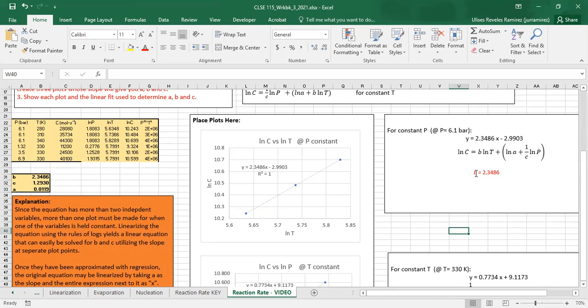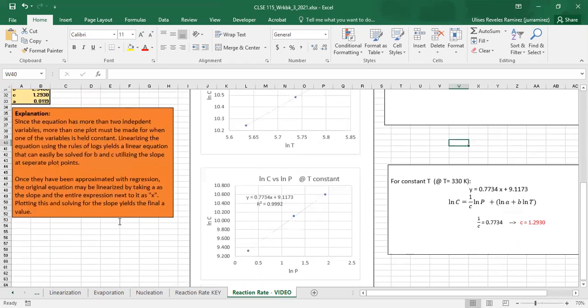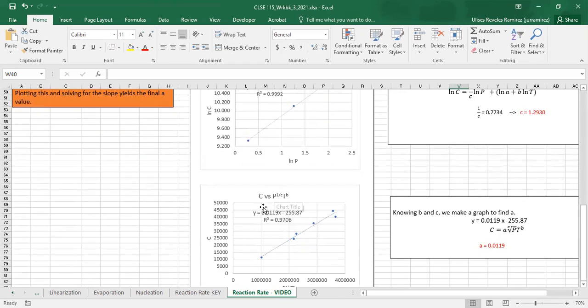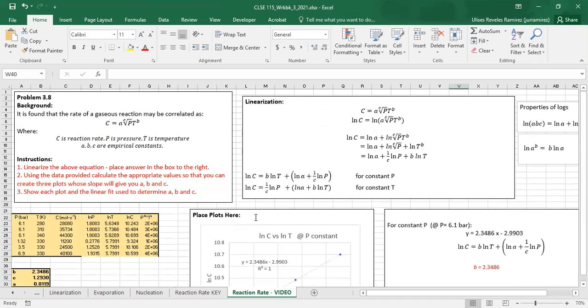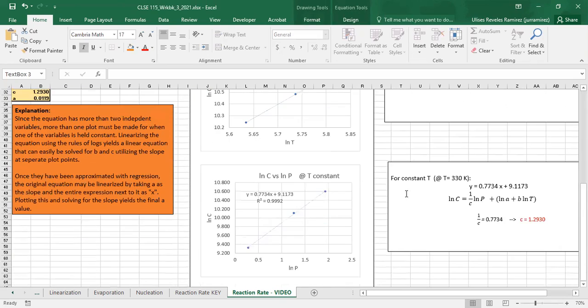The first equation's slope gives B, and the second equation's slope is 1 over C, so we find C. Once they have been approximated with regression, the original equation may be linearized by taking A as the slope and the entire expression to be X. Making this plot, we obtain the value of A, which I have here in my last graph.